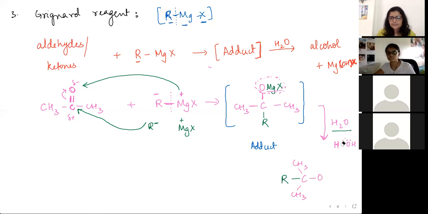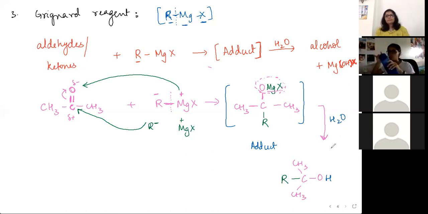I put it in a different color so that it'll be easy to identify what comes from where. So OH is coming from the water that you add here. And your byproduct is going to be Mg, and the one hydrogen has bonded to make the alcohol, and the other one, the remaining OH, is attached to the magnesium.